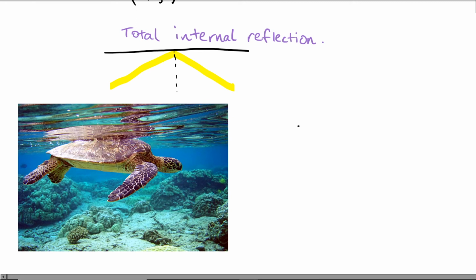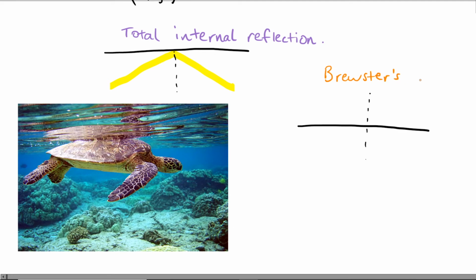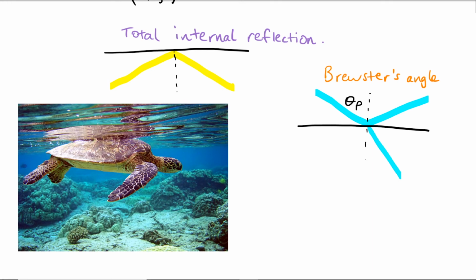And while we're on the subject of light interacting at a boundary, and some names for certain angles, there's another special angle called the Brewster Angle or Brewster's Angle. And if light strikes a boundary at the Brewster's Angle, which is called traditionally theta p, the reflected ray and the refracted ray will be 90 degrees apart.